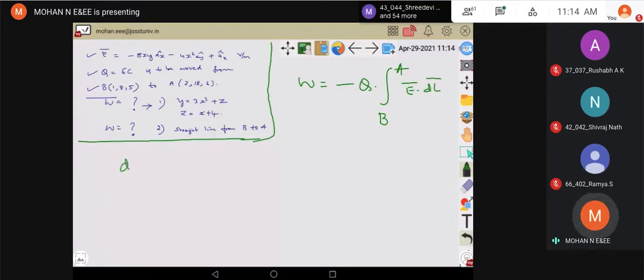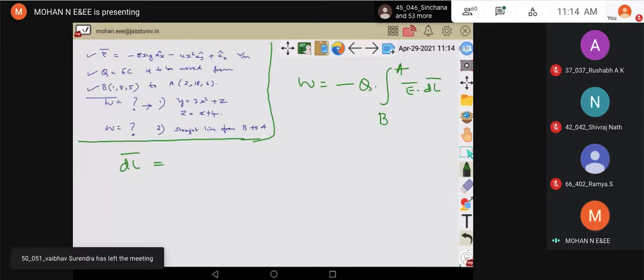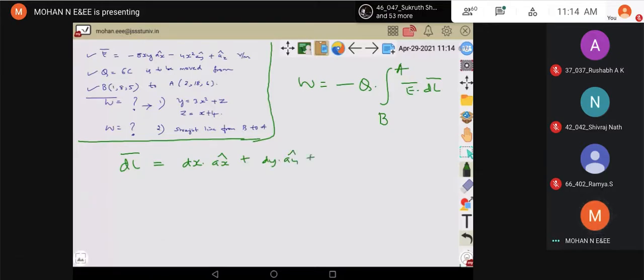We're supposed to find the dL vector. In the Cartesian coordinate system, it is dx into ax cap plus dy into ay cap plus dz into az cap. Okay, and E vector dot dL vector is the dot product of the electric field intensity and the distance vector.